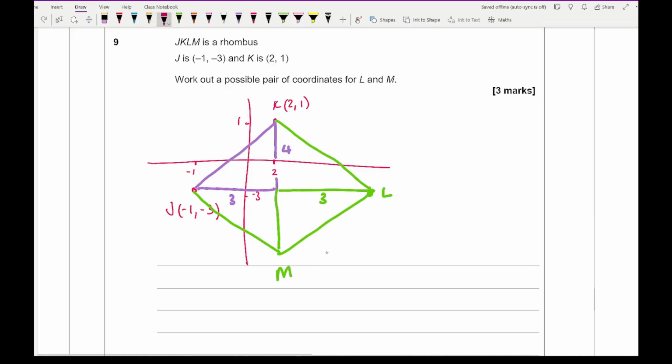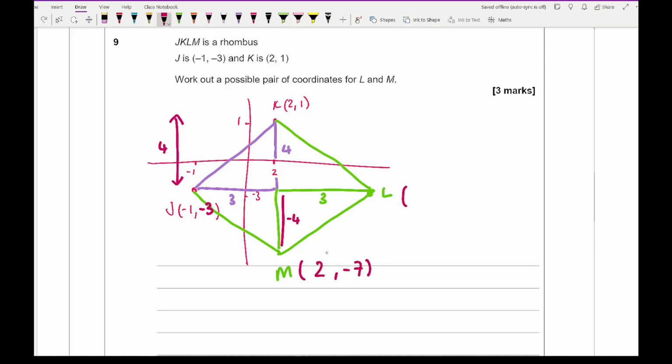Now if I go over that point there, which is -3, again looking at the difference between J and K, the height is the difference between the y ordinates, which is 4. So M, starting at -3 and going down 4, is going to have a y ordinate of -7. The x ordinate is going to be the same as K, so that's 2, -7.